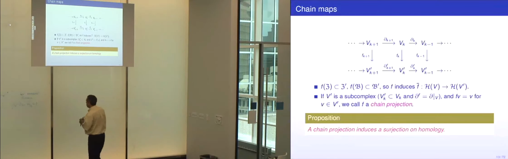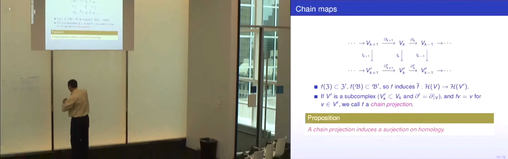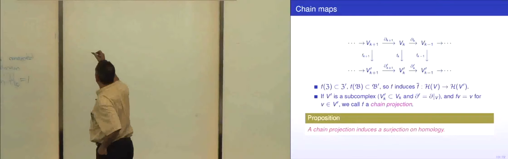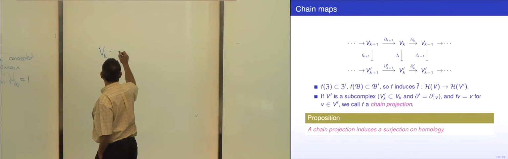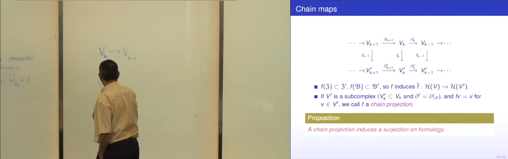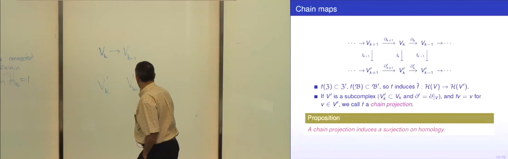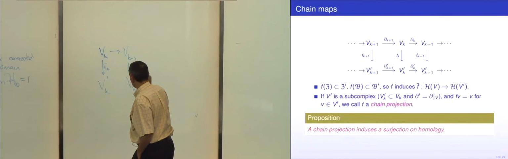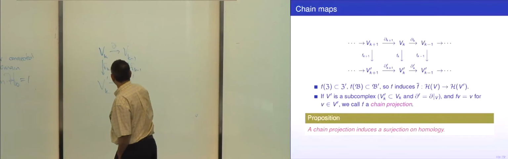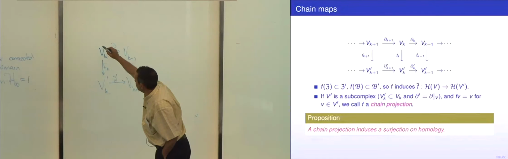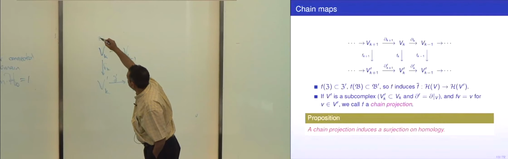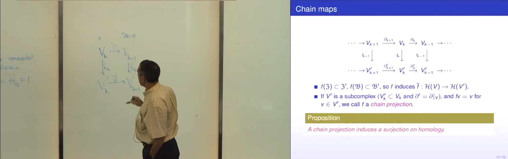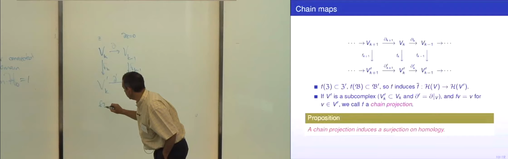So let's see that. I have VK, VK minus 1, V prime K minus 1. I have something in here that's a cycle. So that means I have a Z, and D of Z is 0. What happens if I look at F of Z?